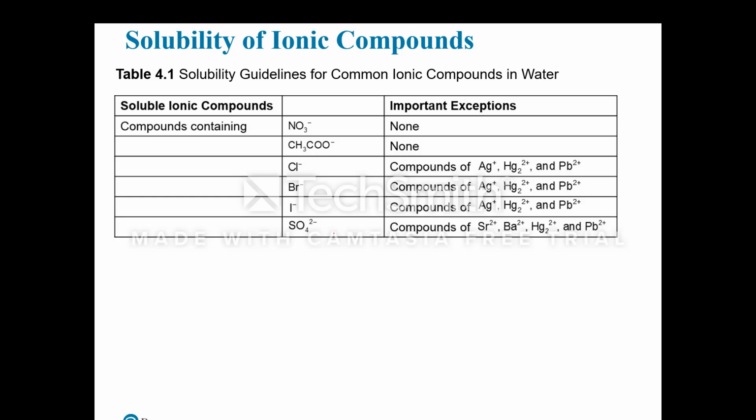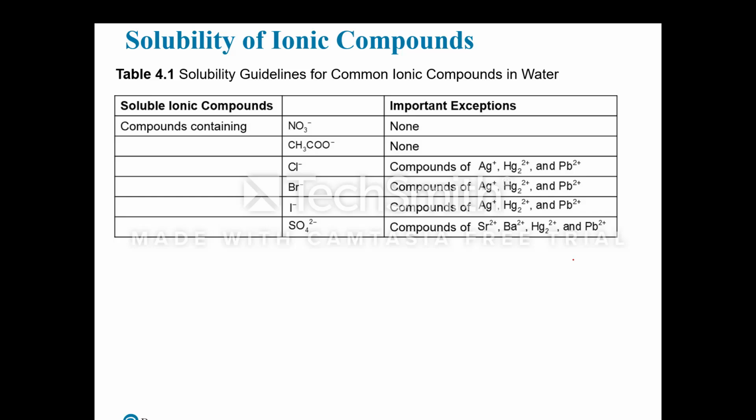And the last one here is compounds containing the sulfate ion are soluble in water except for when paired with the strontium ion, the barium ion, mercury 2, 2+ ion, and the lead 2+ ion. So if I had sodium sulfate, that is soluble in water. If I have magnesium or calcium sulfate, those are soluble in water.